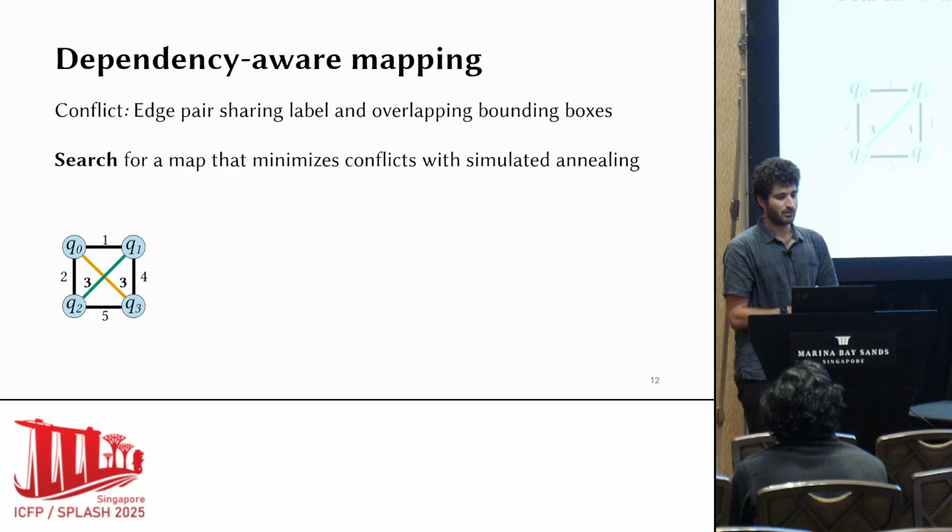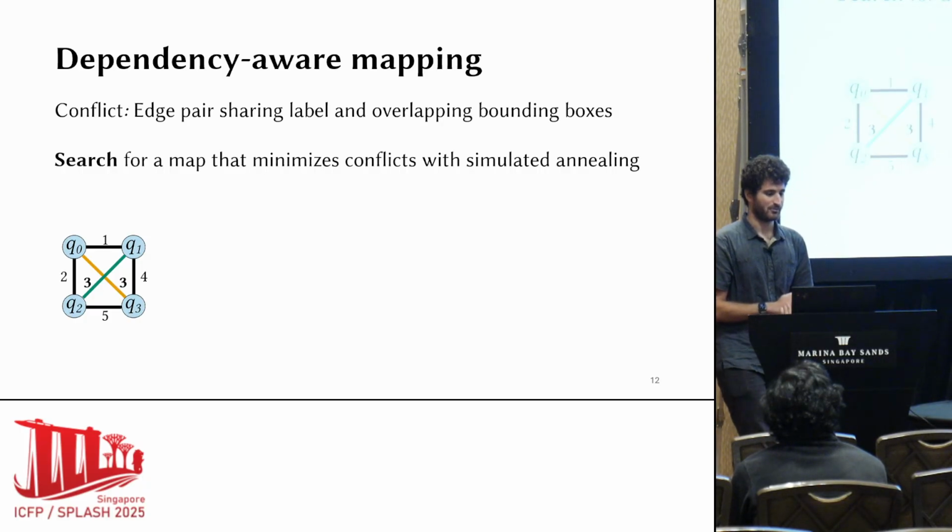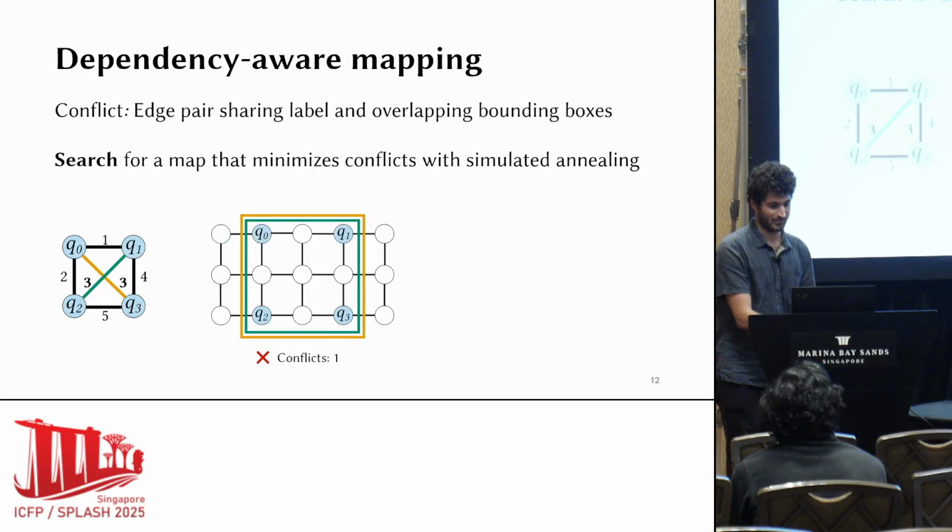The way our dependency-aware mapping algorithm works is that it tries to minimize the number of conflicts. And we define a conflict as a pair of edges that we have labeled as occurring in the same layer and have overlapping bounding boxes with respect to a mapping. So let's look at an example.